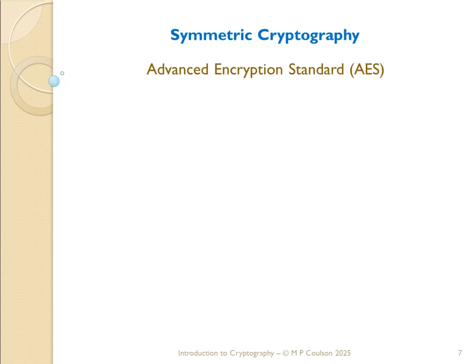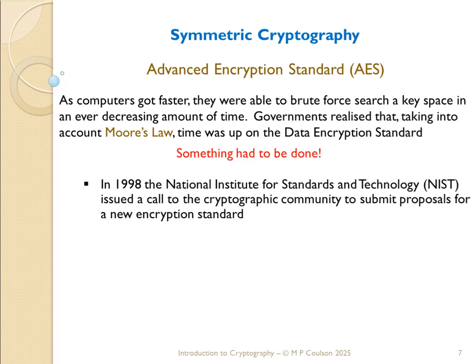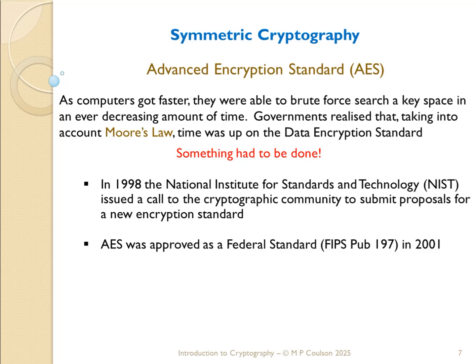As computers got faster, they were able to brute force search a key space in an ever-decreasing amount of time. Governments realized that, taking into account Moore's law, time was up on the data encryption standard, and something had to be done. So, in 1998, the National Institute for Standards and Technology, known as NIST, issued a call to the cryptographic community to submit proposals for a new encryption standard, to replace the data encryption standard.